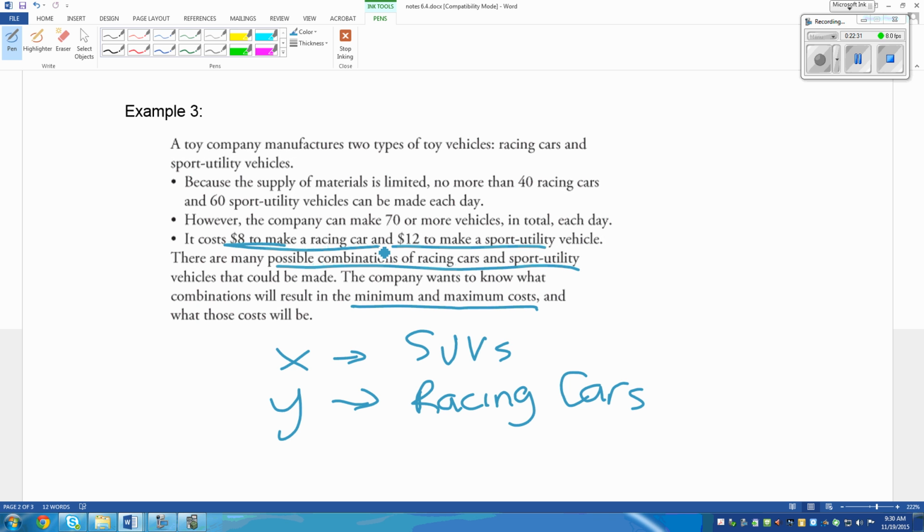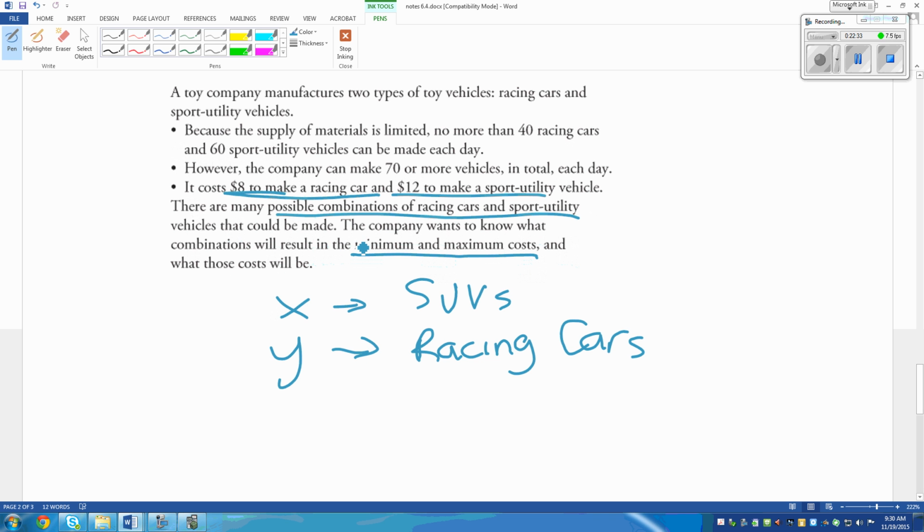It's your objective quantity Q. I'm going to write C for cost. C is equal to $12 for SUVs, so 12x plus $8 for racing cars, so 8y. That means I use this point, so I don't need to use it for my constraints, okay?